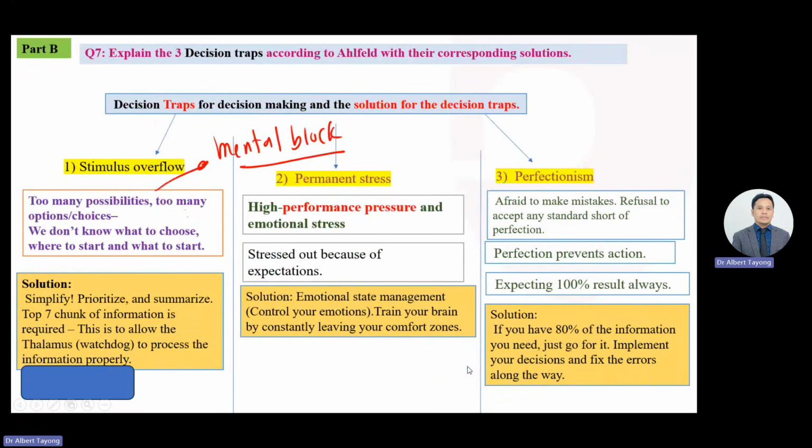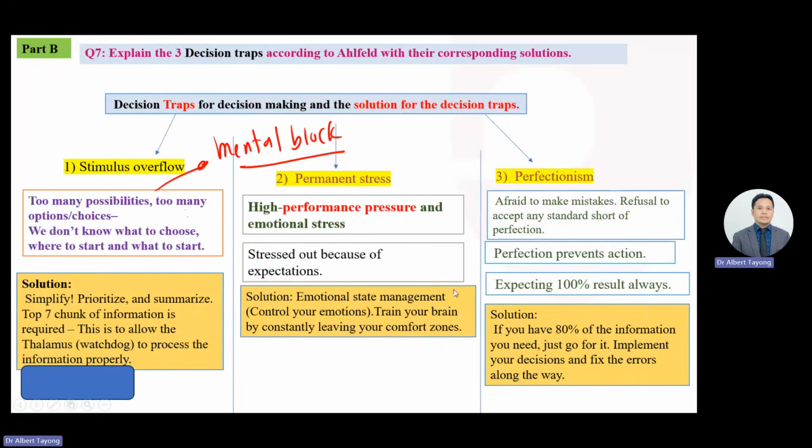Maybe you prepare a lot before doing something. Your exam, for example, maybe you prepare a few days before the examination so you will not be stressed out. So you need to train your brain to do challenging things. Leave your comfort zones. Then stress can be avoided. So because of these, we are not able to decide properly.